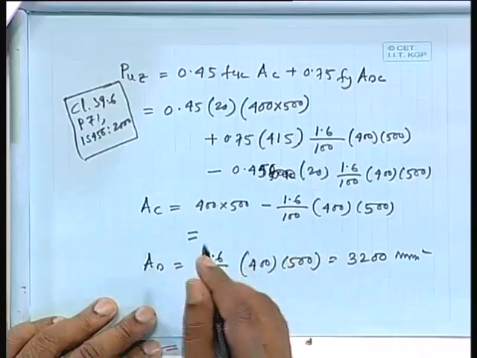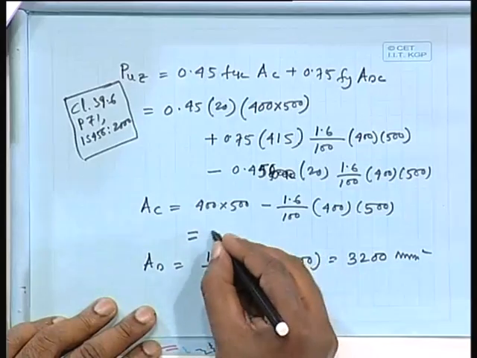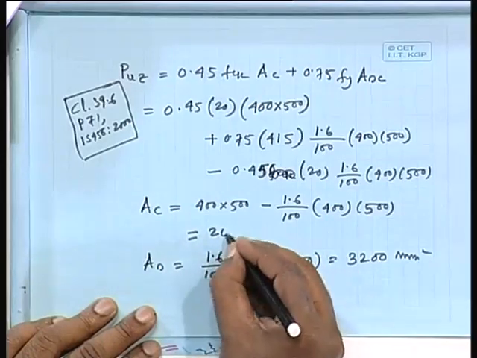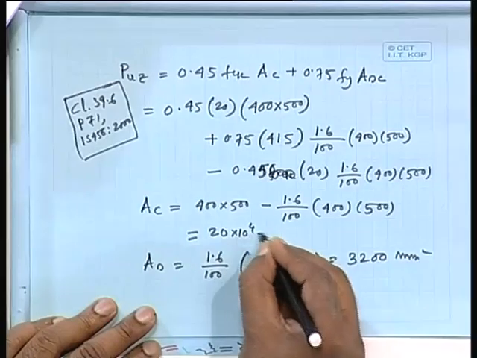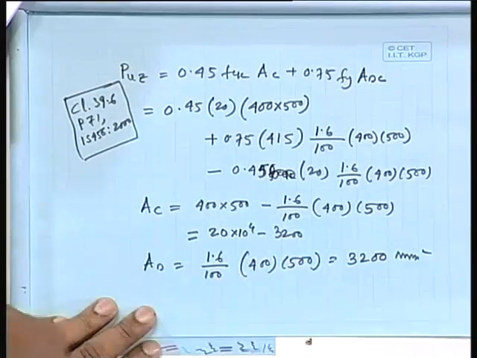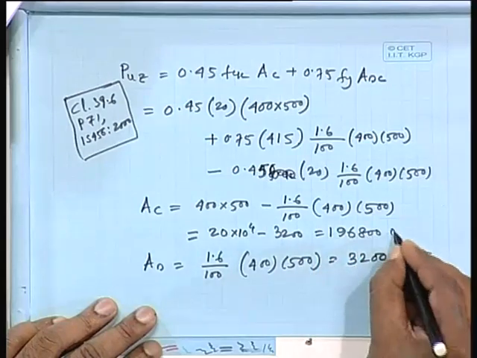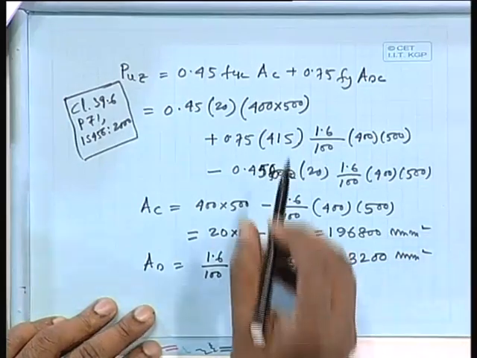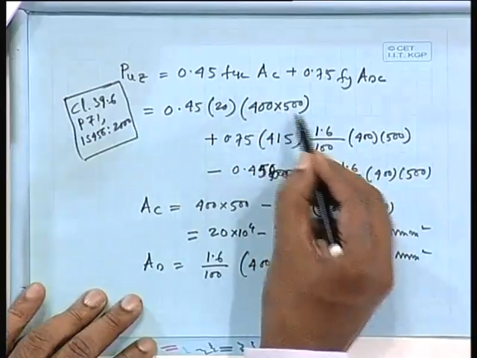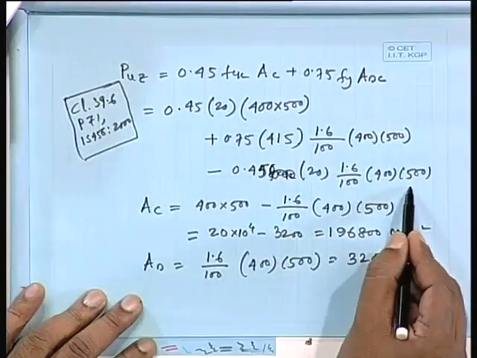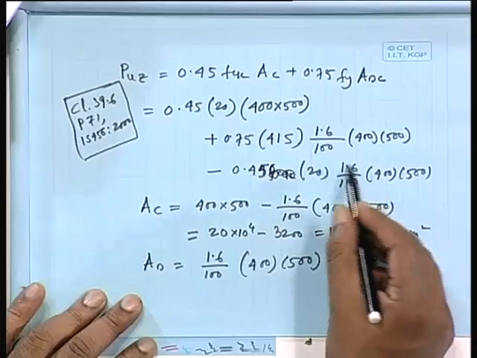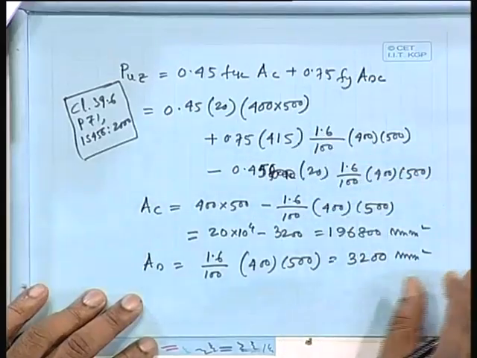This one comes as 400 into 500 minus 3200, so 196,800 square millimeter. So either you can do it here, this portion you can just simply write down, or you can deduct the portion, whatever way you feel. The same way I am doing the same thing.